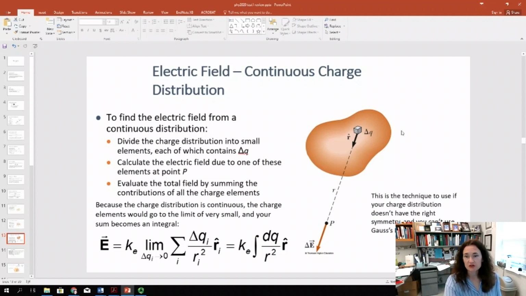Remember that when you make your dq's small enough and your source charge is continuous enough, then your summation becomes an integral. And so we can express for a continuous charge distribution the electric field at some point P is equal to K times the integral of dq over R squared in the R hat direction. Okay?